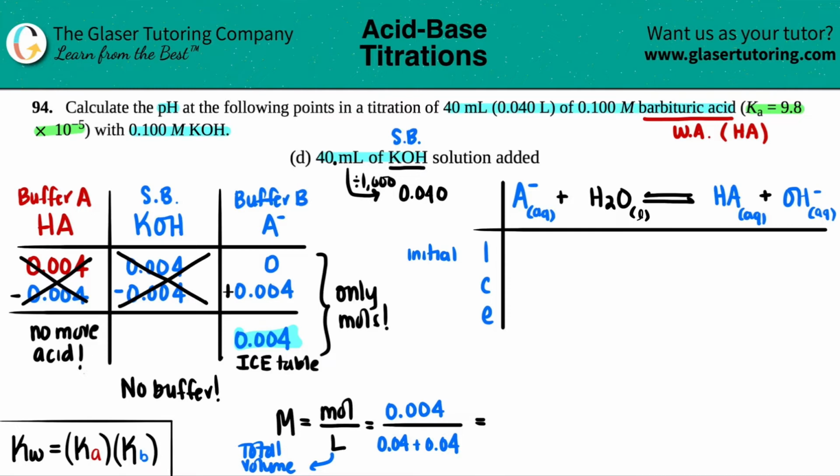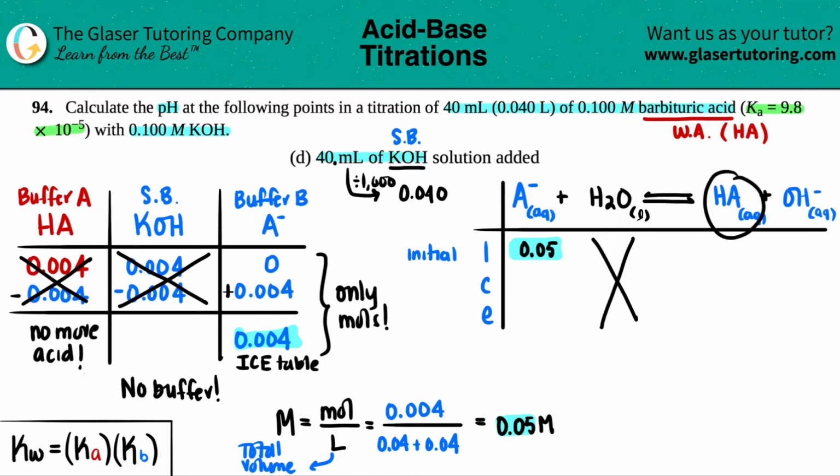So now let's do that math. The bottom is 0.08, and 0.004 divided by 0.04. Just kidding, 0.08. And I get 0.05 molarity. This is the number that goes here, 0.05. And remember, water we don't care about when we're doing the ice chart, so get rid of that.